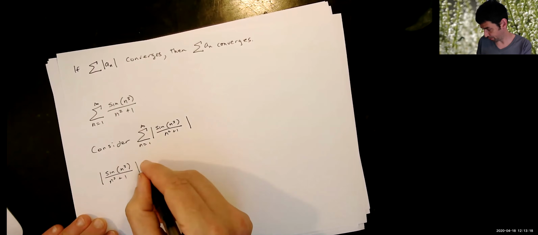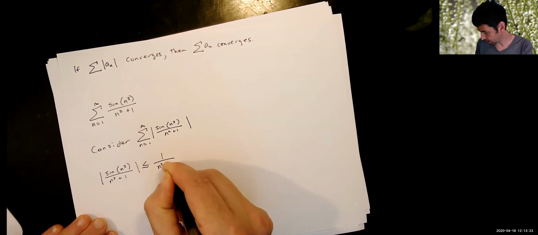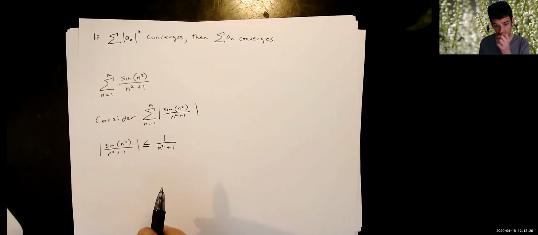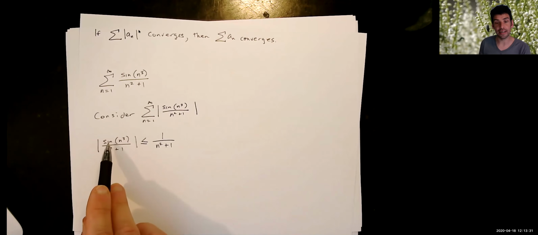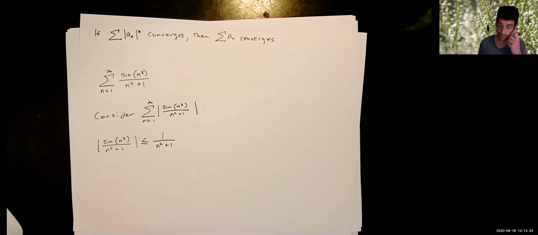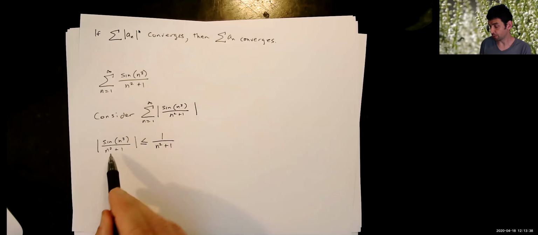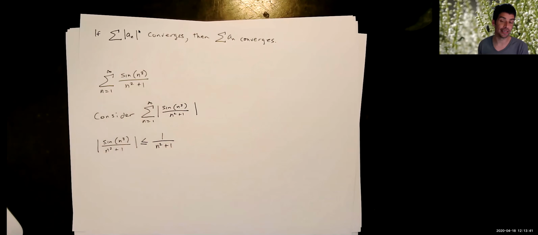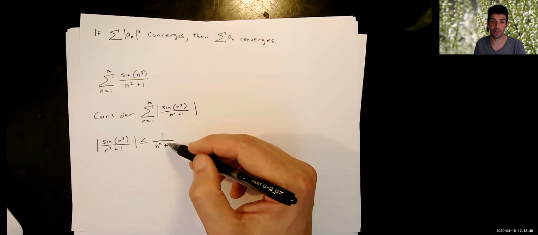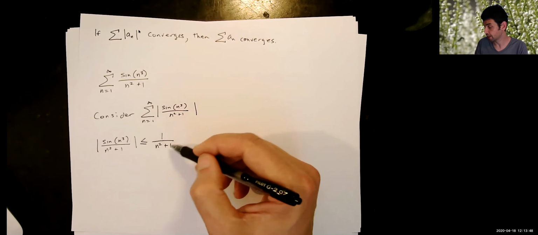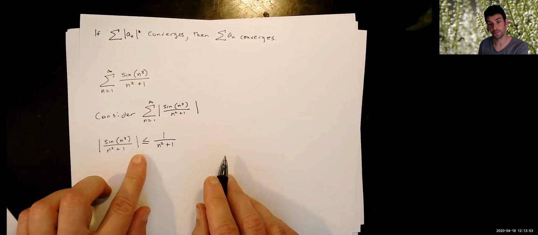This is always going to be less than or equal to 1 over n squared plus 1. Why is that the case? Well, sine is between 1 and -1. The absolute value is going to get rid of the negative anyway, so the absolute value of sine is going to be between 0 and 1. So we're taking 1 over n squared plus 1 and multiplying it by something between 0 and 1. We get something smaller than it, or equal to it in the cases where the sine of n cubed is equal to 1.